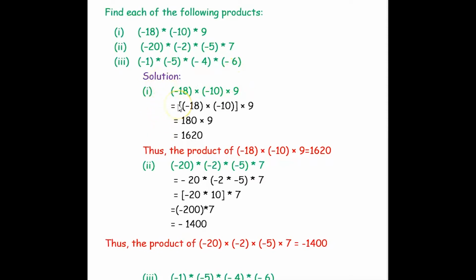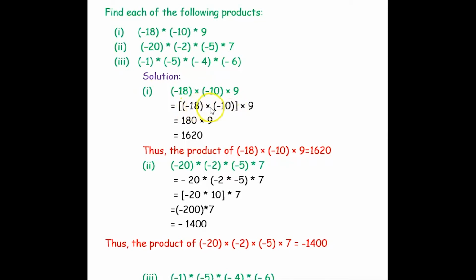Solution. Let's take the first question. Negative 18 into negative 10 into 9. So now we have three numbers. Let us see how to associate these numbers so that we can find the product very easily. If you take negative 18 and negative 10 first, we put them in a parenthesis.